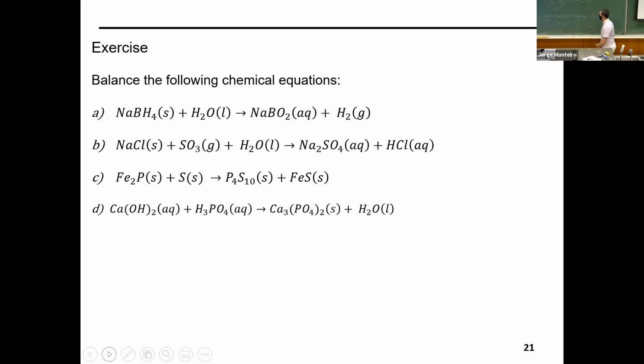That's balanced. And let's just double check chlorine. 2 atoms of chlorine before. 2 atoms of chlorine after. So that is balanced as well. So check all the elements.